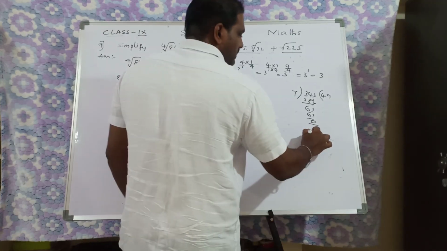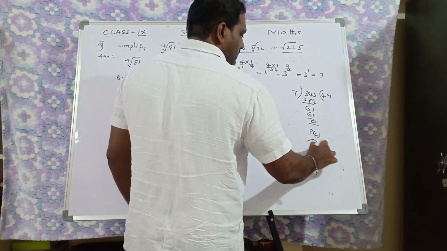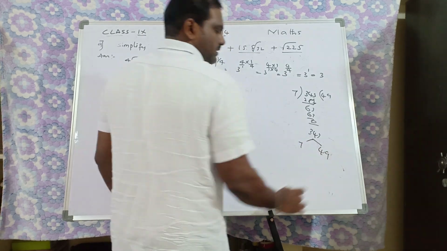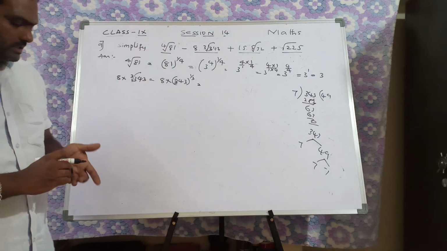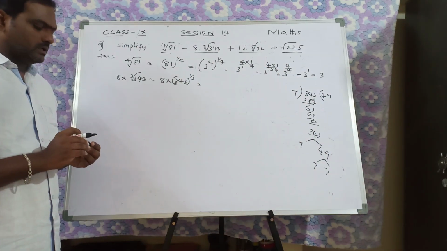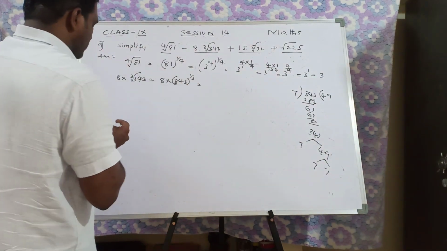So 343 can be written as 7 into 49, and 49 can be written as 7 into 7. So that means it is 7 cube, 7 into 7 into 7.